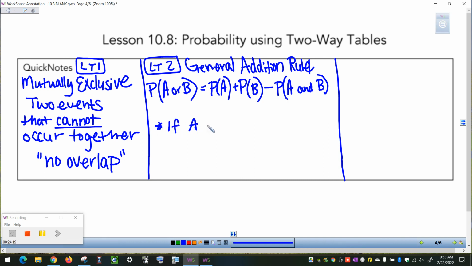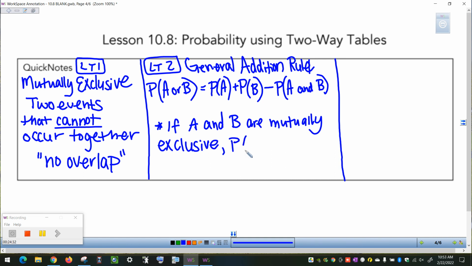Now, I'm just going to add a little note down here at the bottom that if events A and B are mutually exclusive, so they cannot occur together at the same time, then the probability of A and B is just equal to 0.